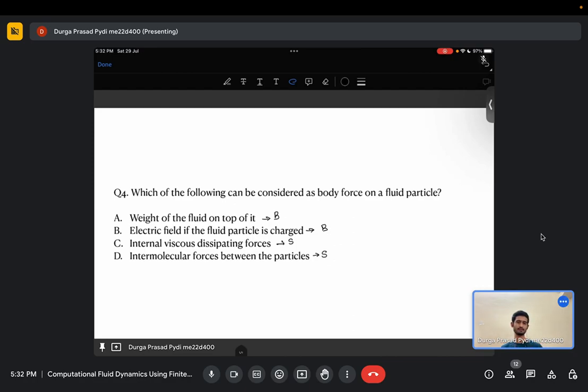Any comments? I think surface force. Pressure is essentially acting on the surface. If this is my fluid element, you're essentially saying it only acts on the surface.